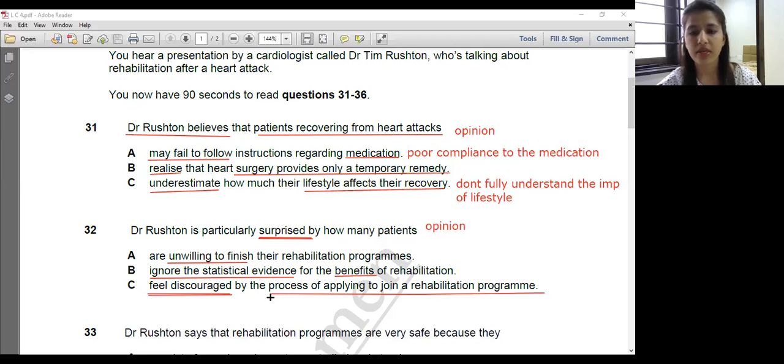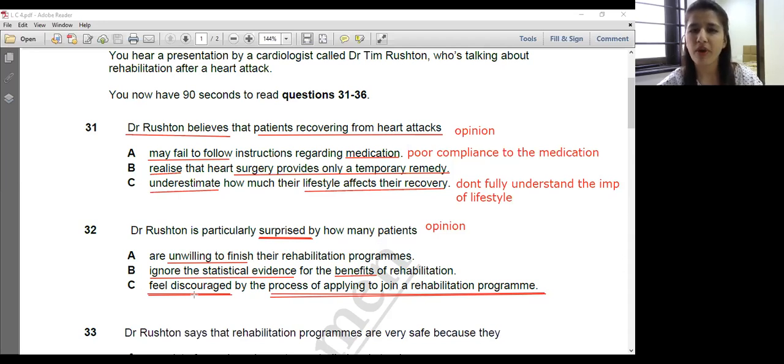C is negative for the rehabilitation program itself, while A and B are negative from the patient's side: everything is fine, but they are unwilling to join, or they ignore the benefits.